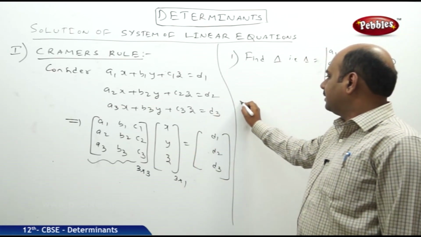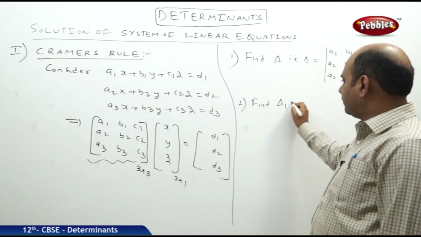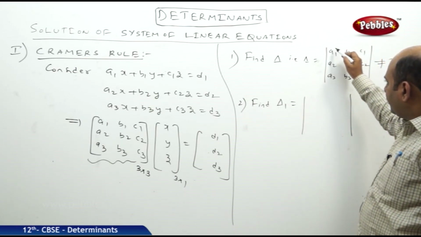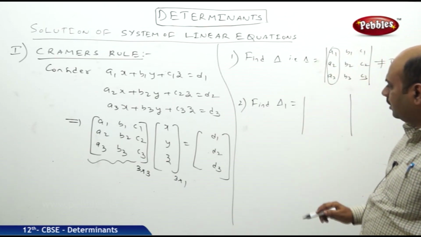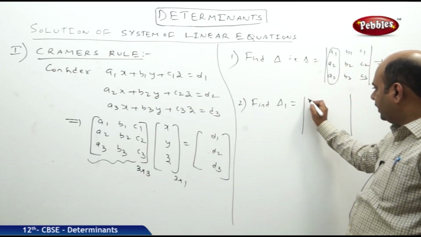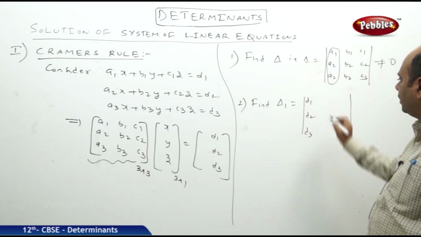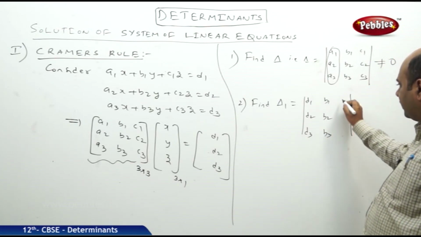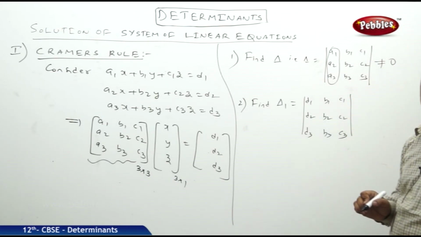And later, I need to find delta 1. How is this delta 1 obtained? You need to replace this particular first column, that means a1, a2, a3 should be replaced by d1, d2, d3. That means here d1, d2, d3, and here we will be obtaining b1, b2, b3, and here c1, c2, c3.